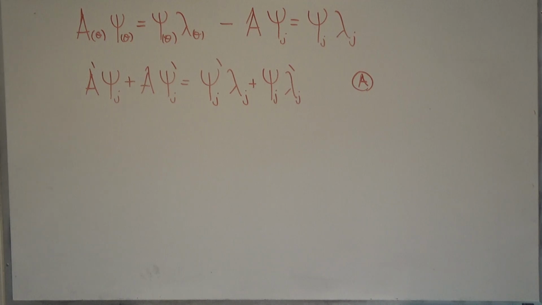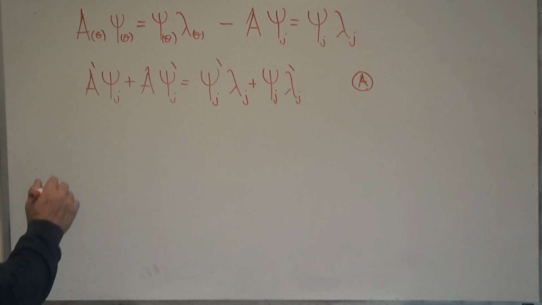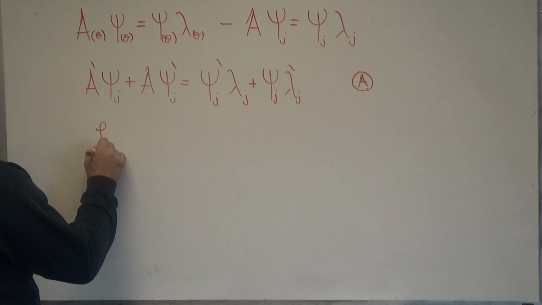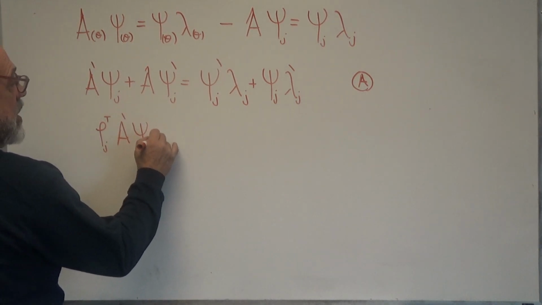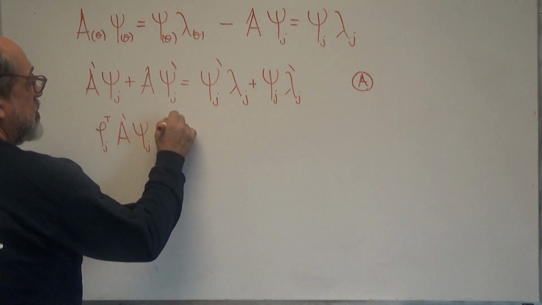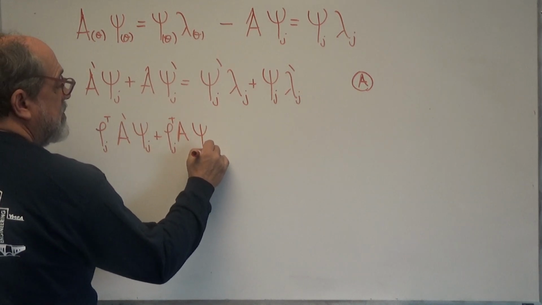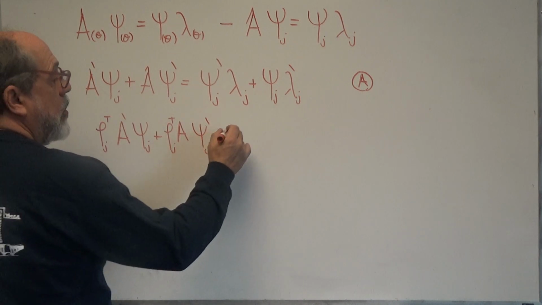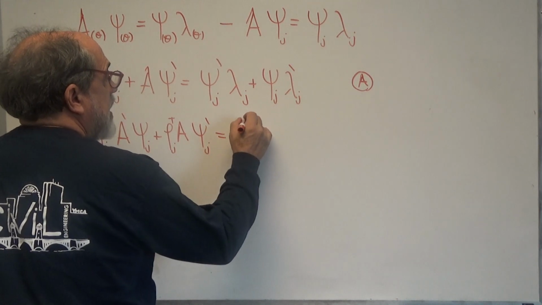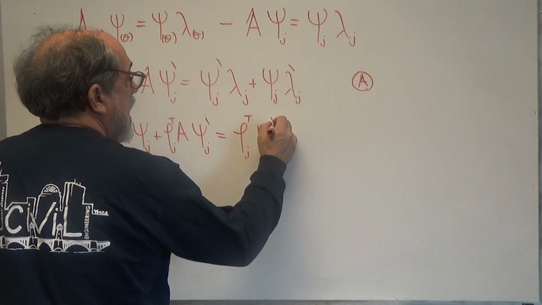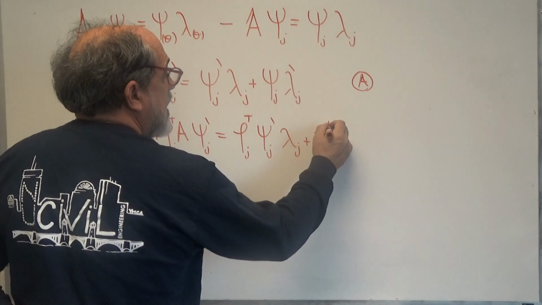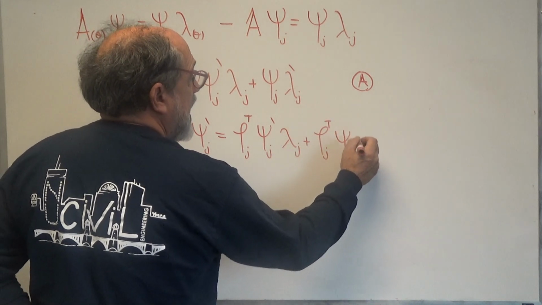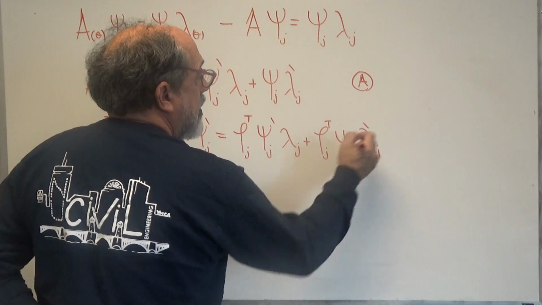Now, let's pre-multiply equation A by the transpose of the left side eigenvector j. And so we have Cj transpose times A prime times phi j plus Cj transpose times A times phi j prime is equal to Cj transpose times phi j prime times lambda j plus Cj transpose times phi j times lambda j prime.